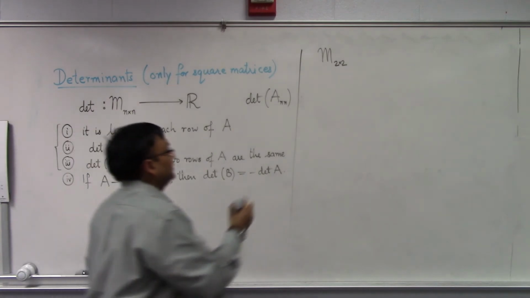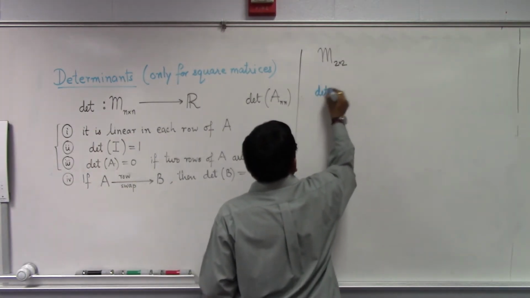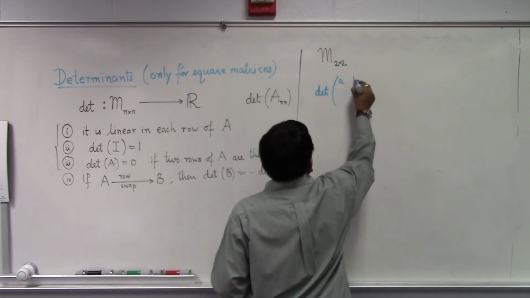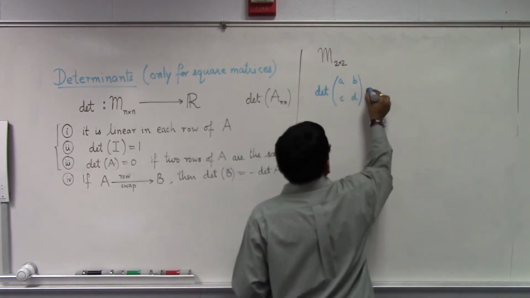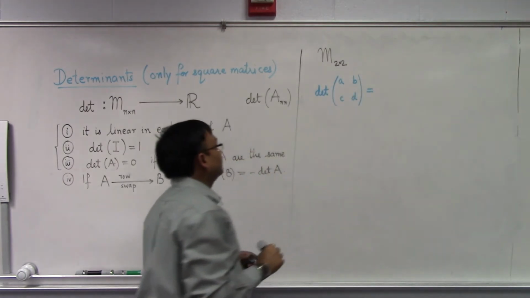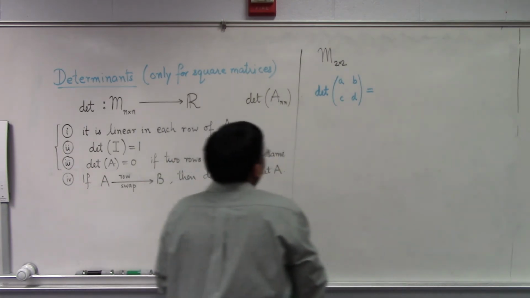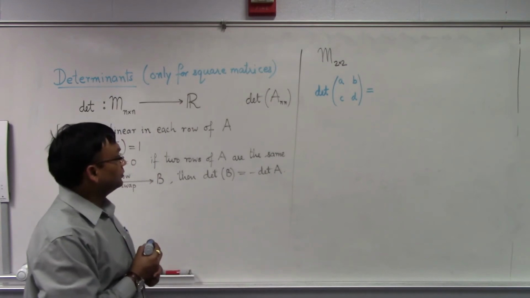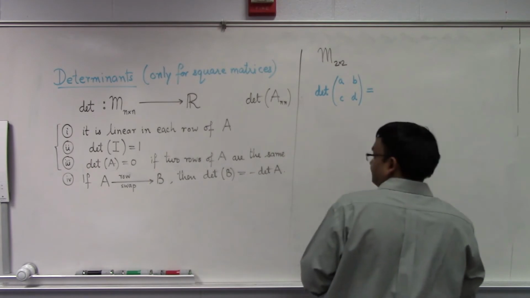Okay, so let's try to find the determinant of A, B, C, D. I'm dropping the square brackets; it's kind of inconvenient to write it.